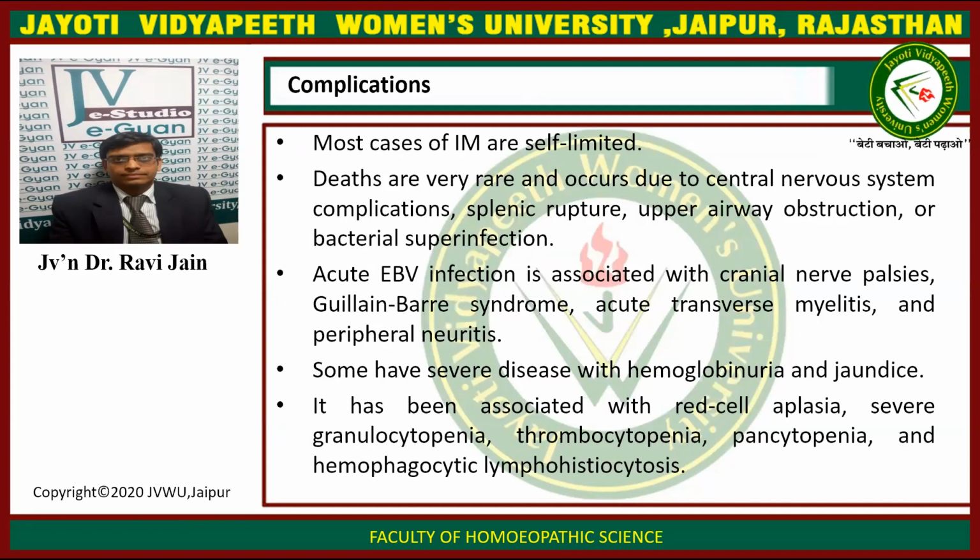The complications. Most cases of infectious mononucleosis are self-limited. Deaths are very rare and occur due to central nervous system complications, splenic rupture, upper airway obstruction, or bacterial superinfection.